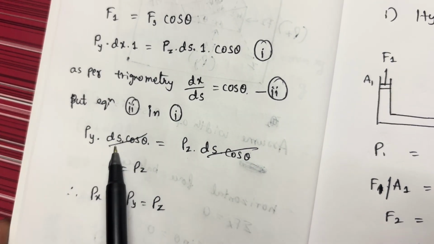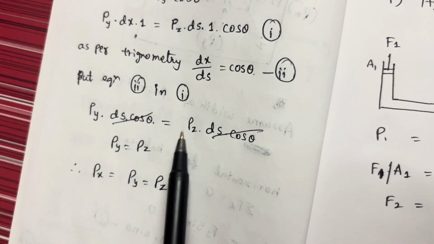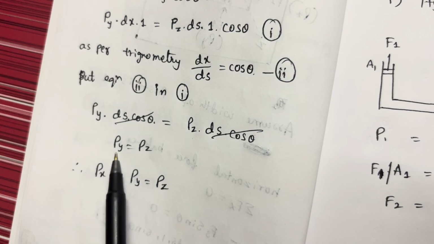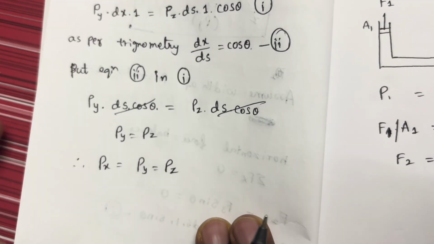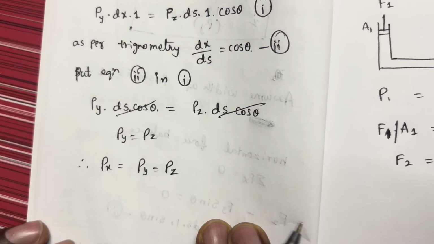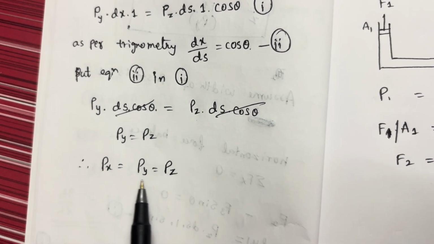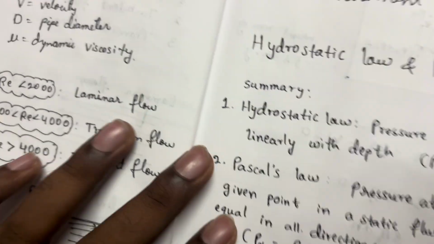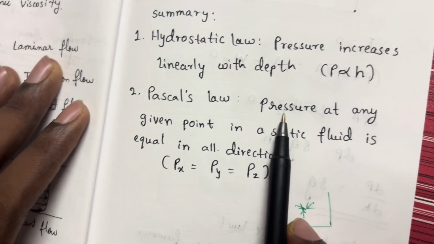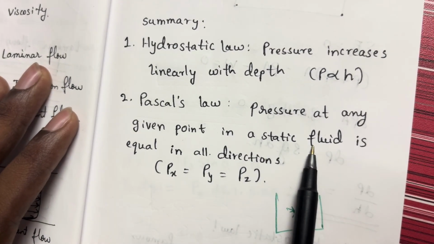Now these both get cancelled. Then what is remaining? Py is equal to Pz. We have found that Py equals Pz, and earlier we saw Px equals Pz. So if a equals b and b equals c, then a equals b equals c. So Px equals Py equals Pz, which proves that pressure at any given point in a static fluid is equal in all directions.